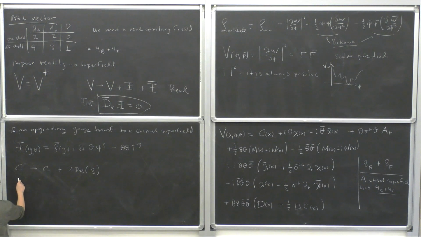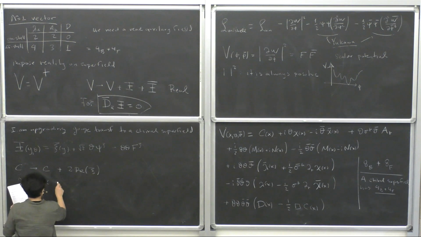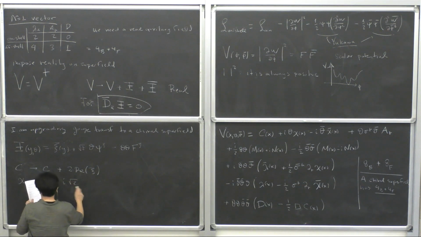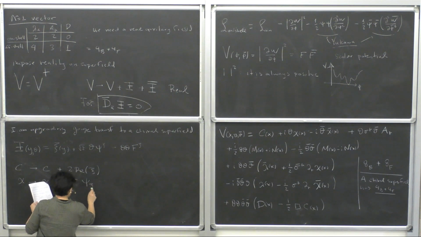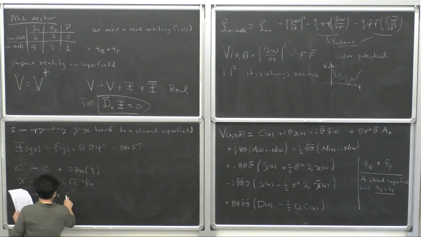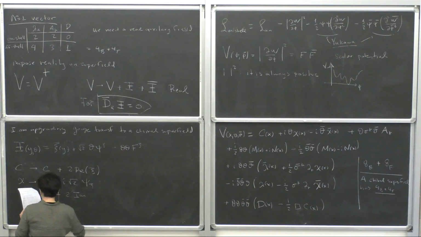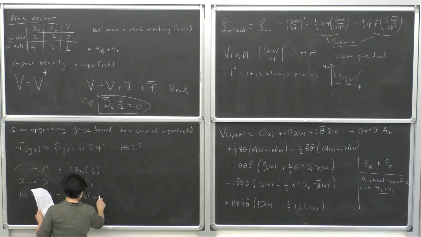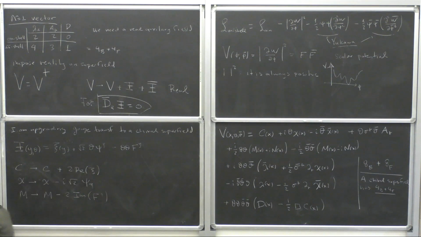Continue. Chi will get corrected by minus this guy. Okay, I don't write chi bar because we will all lose our patience. M goes to M minus 2 times the imaginary part of this F auxiliary field of Xi.